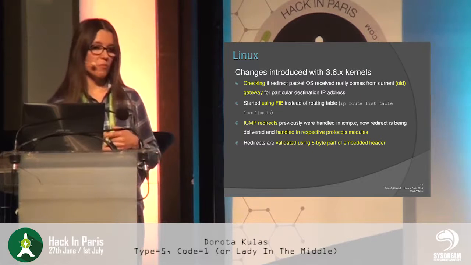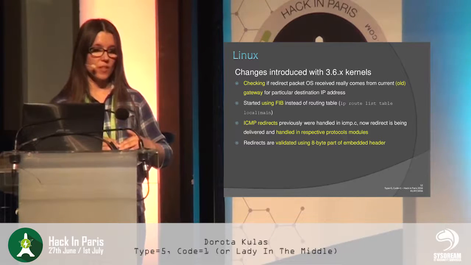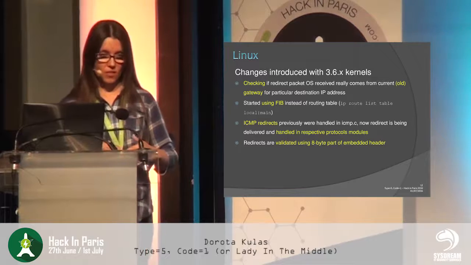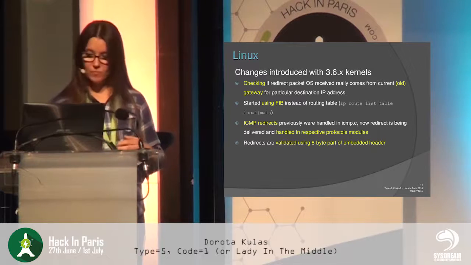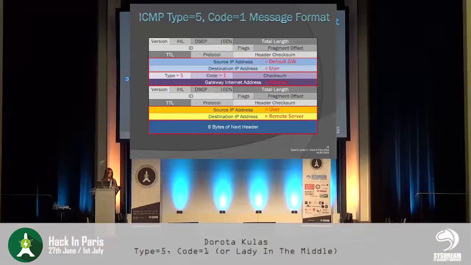And then the next step would be that the ICMP redirect should come from the default gateway, so the IP source address of the redirect packet, this first blue header, should be the default gateway, and it should also come from the proper interface.